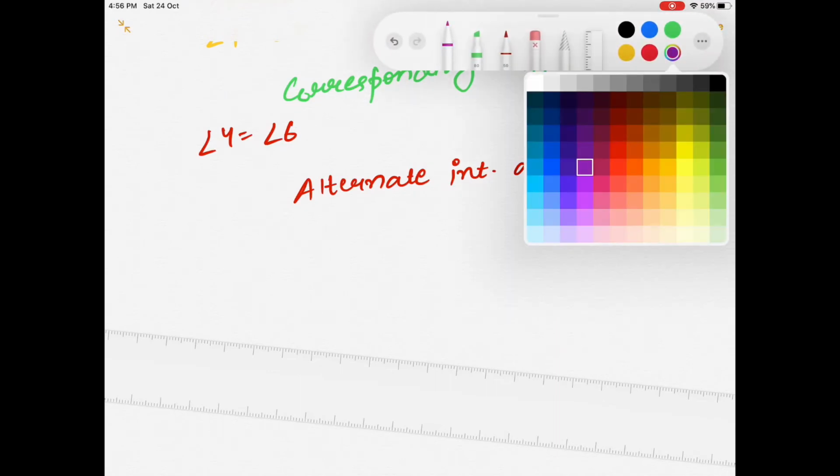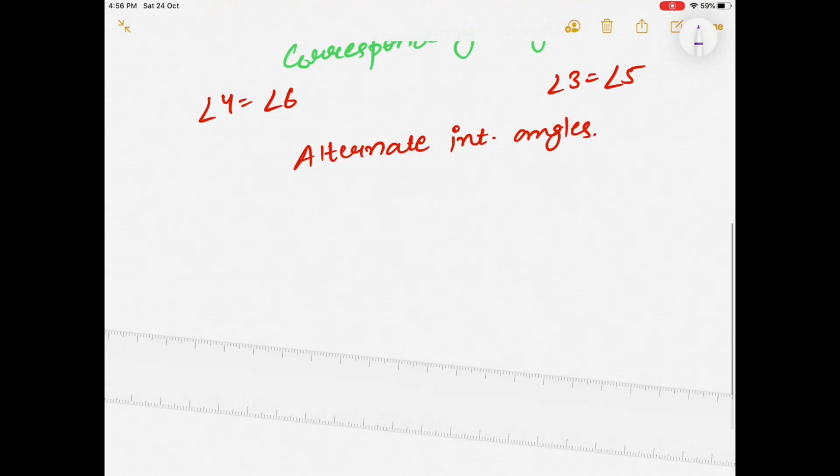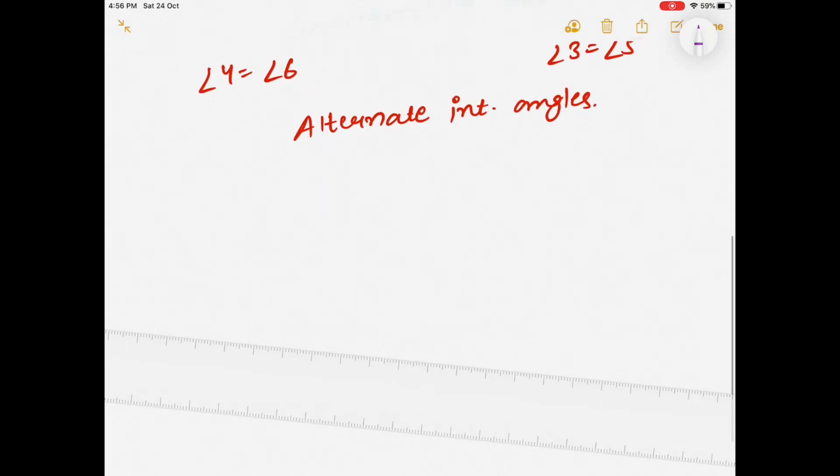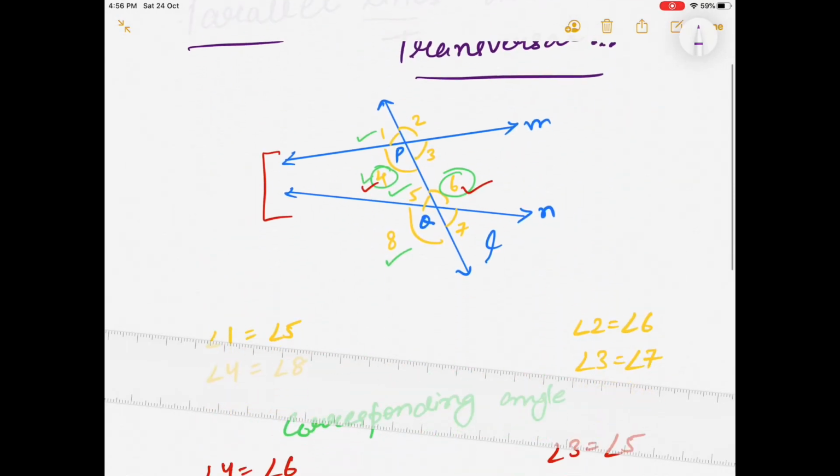Now what are the next type of angles? Alternate exterior angles. What are alternate exterior angles? If angle 1 is equal to angle 7 and if angle 2 is equal to angle 8.